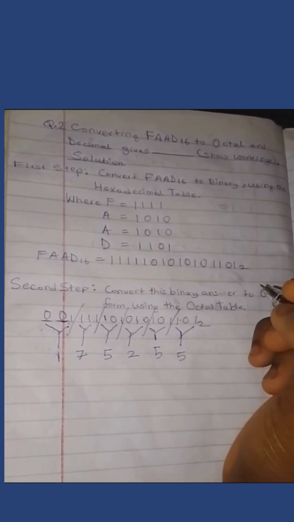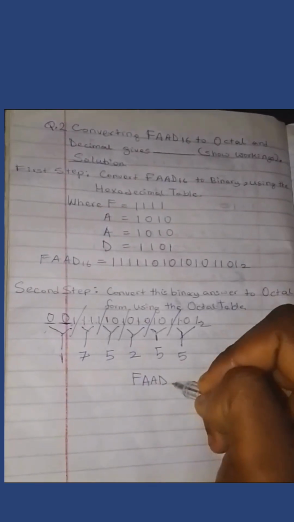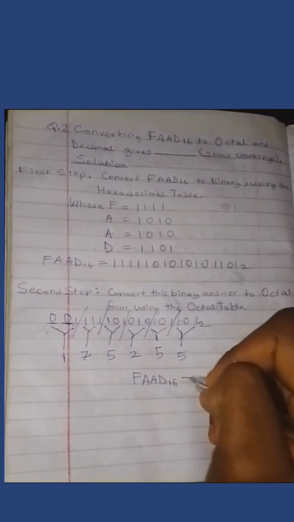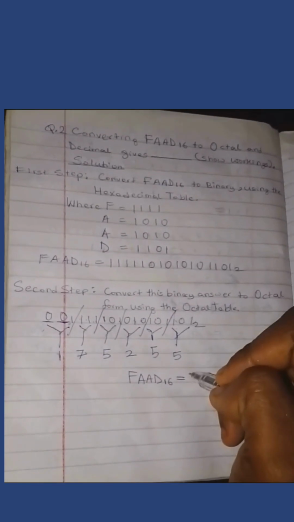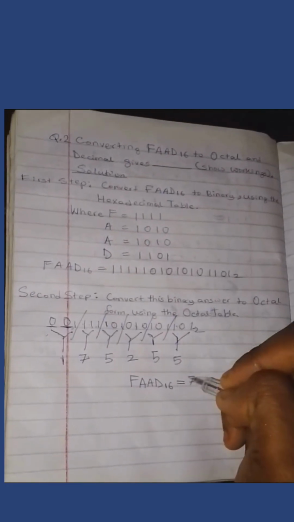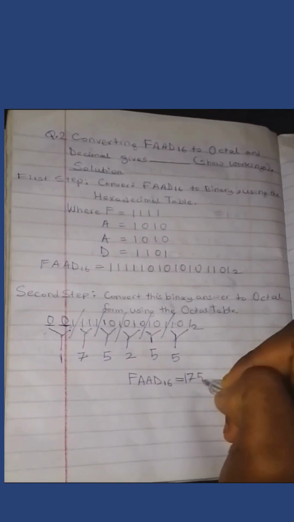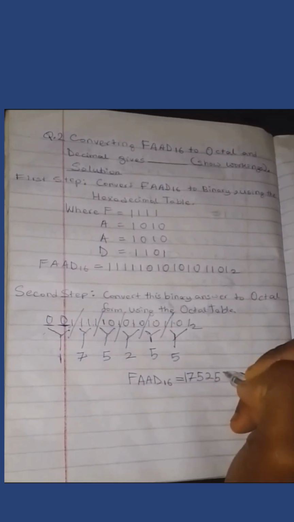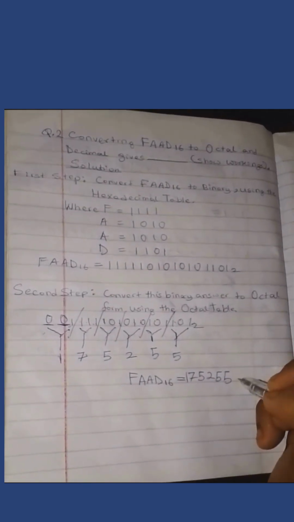So here we have FAD in base 16 equals 7 1 7 5 2 5 5 in base 8.